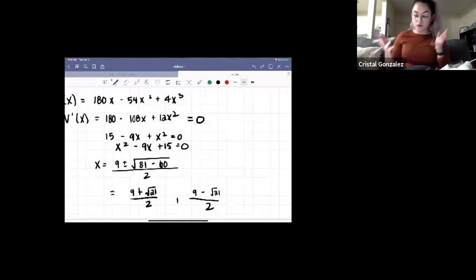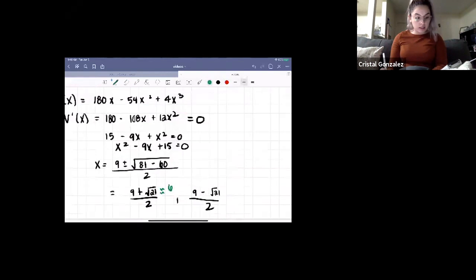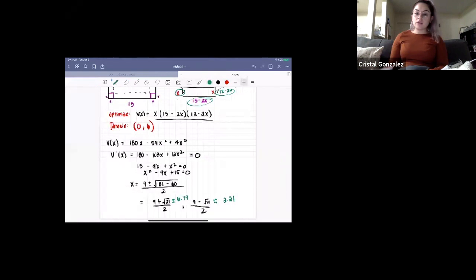And so now we're wondering which one is the actual answer. Well, if we approximate them and put them into our calculator, we're going to get about 6.79, and for this one, we'll get 2.21. Okay, so we have these two values for our x value.